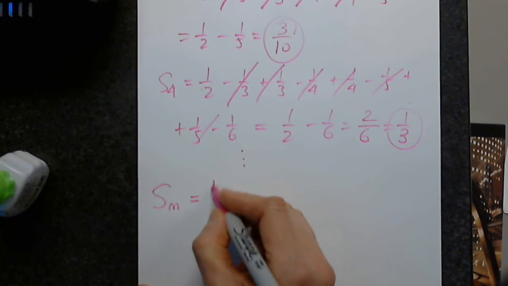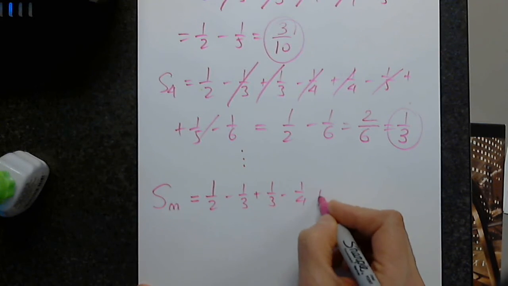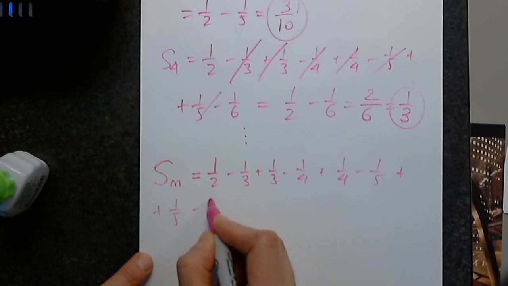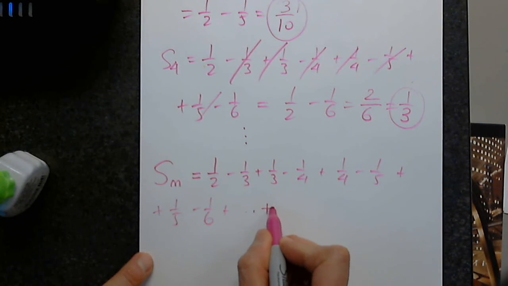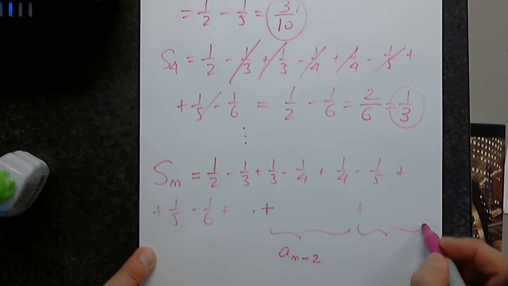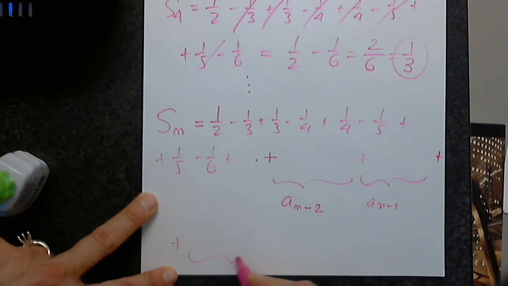So I have 1/2 minus 1/3 plus 1/3 minus 1/4 plus 1/4 minus 1/5 plus 1/5 minus 1/6 plus dot dot dot plus. I want to write the last 3 terms. I want to write a_(n-2) plus a_(n-1) plus a_n.